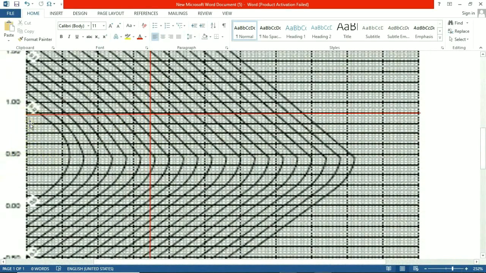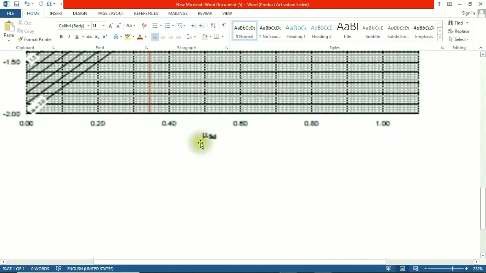Then 0.88 mean 82, 84, 86, 88 around here. So it is the value for VSD 0.88 here. Okay, the next is mu SD.